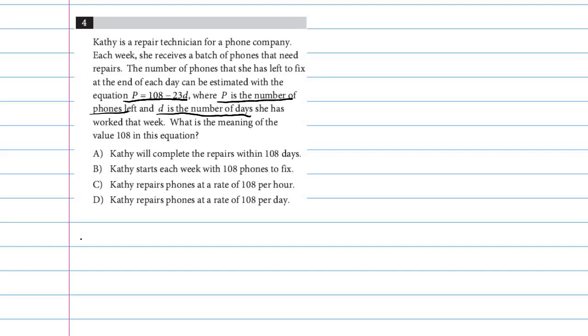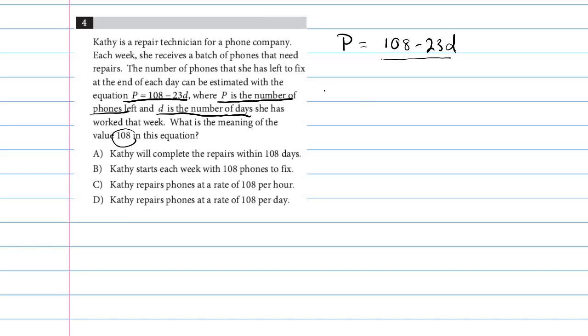What is important is the equation P equals 108 minus 23D, and they're asking what's the purpose of 108 in this equation, right? This whole scenario is about, at the beginning of the week there's a certain number of phones to be repaired, and after each day you have this amount of phones remaining to be repaired.